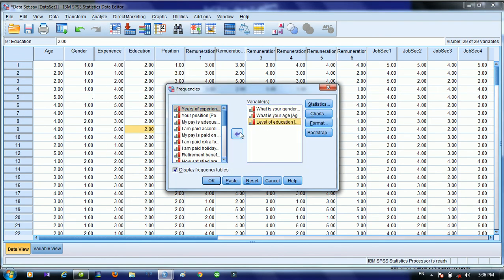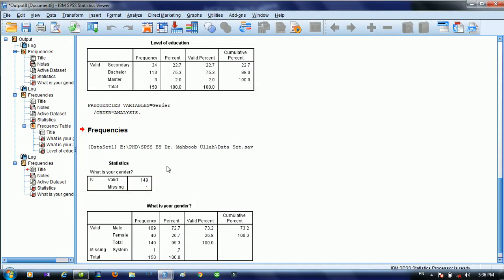Then you can find what is your gender, so I'll select OK. Now here you can see again two tables have appeared, the summary statistic table and the pattern of frequency analysis. In this summary statistic table you can see that valid is now 149 while missing is 1, which I have deleted by myself. Suppose we have assumed that one of our respondents did not reply, so that is missing.